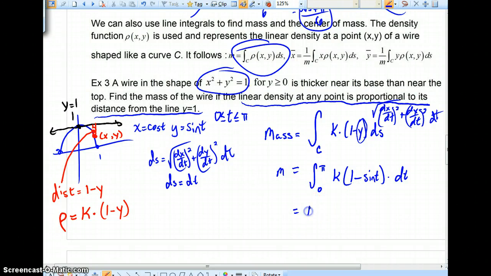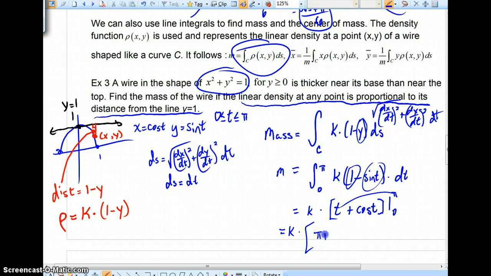Let's factor out a k and simultaneously take antiderivatives. The antiderivative of 1, of course, is just going to be t. And then the antiderivative of negative sine would just be plus cosine. And again, if you're ever doubtful about that, take a derivative real quickly. The derivative of t is 1, the derivative of cosine is the opposite of sine. Do your fundamental theorem, and you can see what's going to happen.